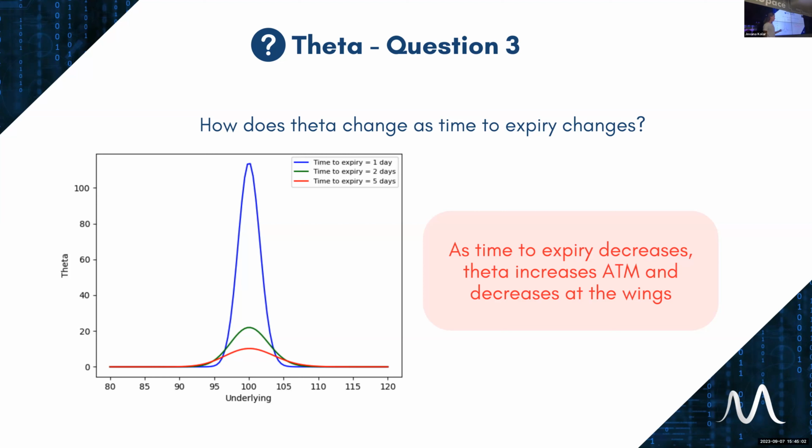We saw for gamma that as time to expiry decreases, the gamma shoots up at the money, but at the wings your gamma will decrease because your delta is not changing much on the wings. So the opposite happens to theta. If the gamma is increasing, then you're going to be paying more theta. So the effect is the opposite at the wings.